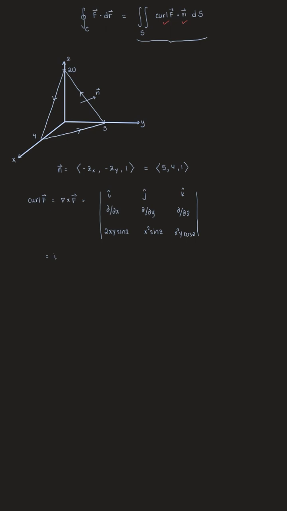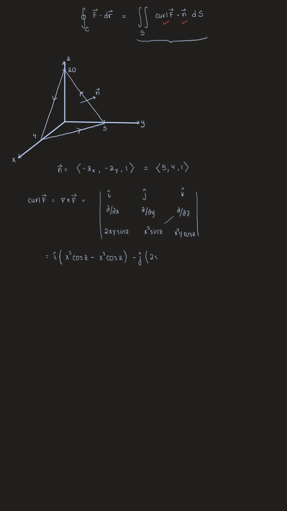For the i hat component, we'll take the partial of x squared y cosine z with respect to y, which gives us x squared cosine z, minus partial of x squared sine z with respect to z, which is also x squared cosine z, so that component will be 0. Minus j hat, and then we'll do the partial with respect to x of x squared y cosine z.